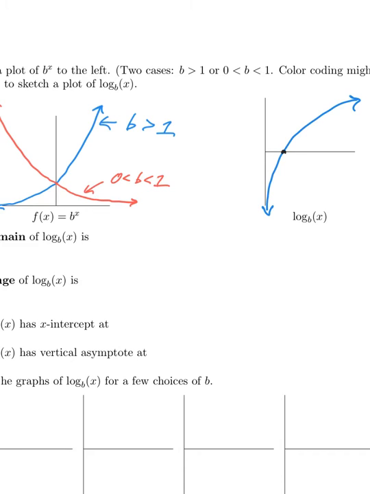There will be this x-intercept at (1, 0), because these guys have a y-intercept at (0, 1). And the red graph, well, notice the red graph differs from the blue graph by it looks like flipping over the y-axis. So the inverse functions should differ by flipping over the x-axis.